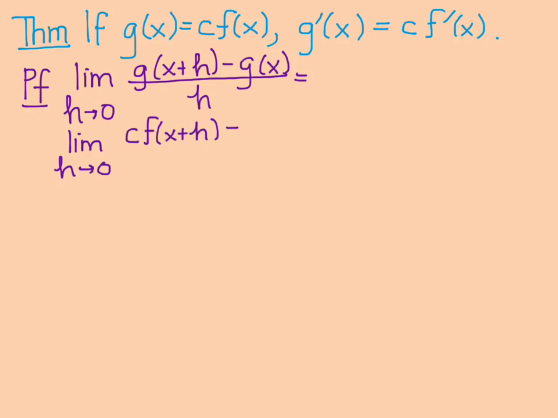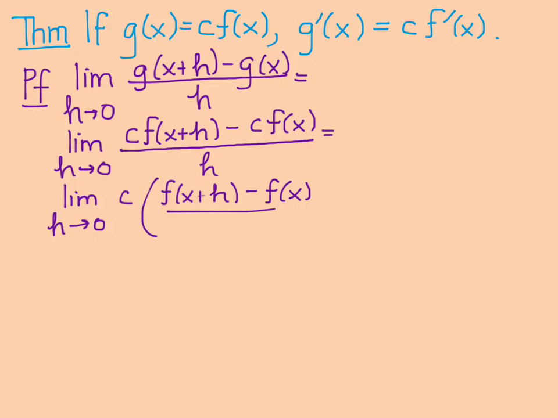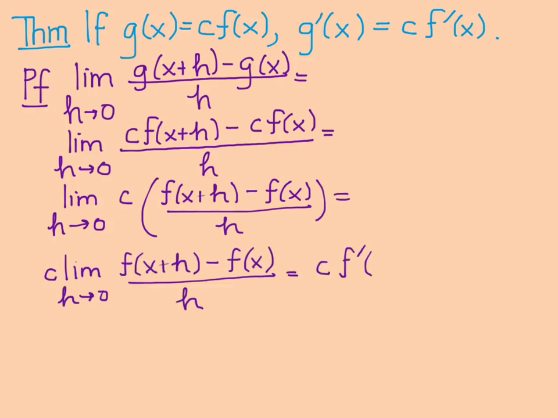We take the function g and replace it with c times f. We can pull a c out of every term in the limit, and we're left with c times the limit definition of the derivative. So we end up with c times f prime of x. Once again, this went by very fast, but you're not going to be tested on it. It's just important to have seen it once.